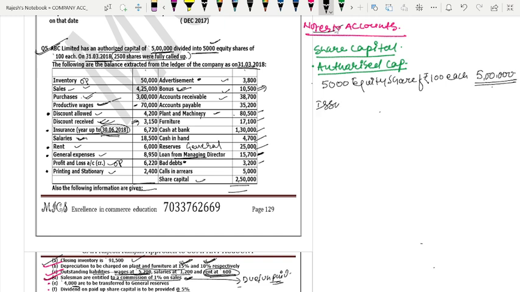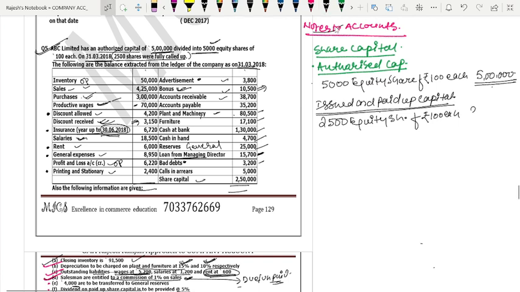Then issued and paid up capital: 2500 equity shares of rupees 100 each, 2,50,000, less calls in arrear.